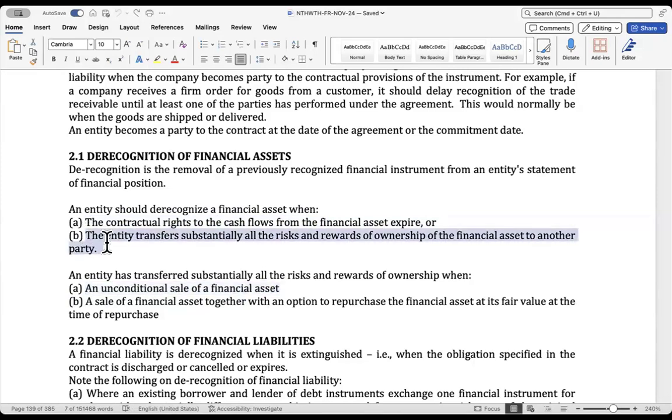When there is an unconditional sale, that is when you have transferred substantially all the risk and reward of ownership. And this will happen when you sell the shares that you bought or you sell the debt instrument that you bought. It means you have transferred substantially all risk and reward.